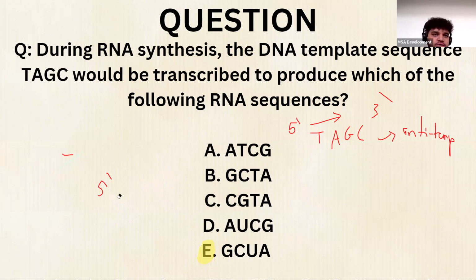I'll just teach you the easy way to solve it. So we said this is the 5' to 3' direction. How did we say the ribosome reads the DNA? We said it reads it in the 3' to 5' direction.